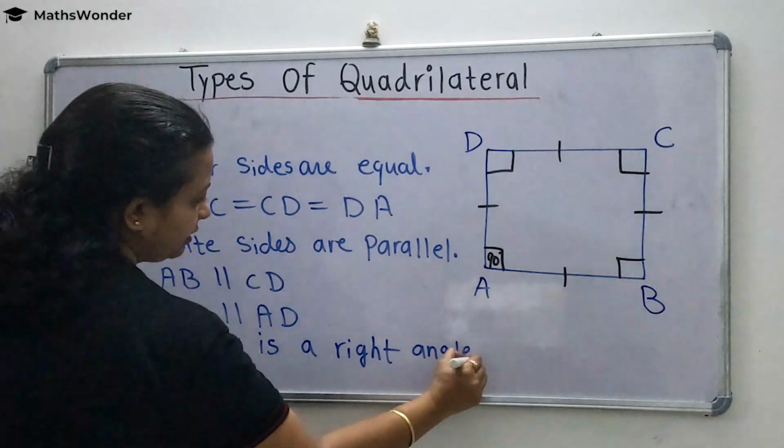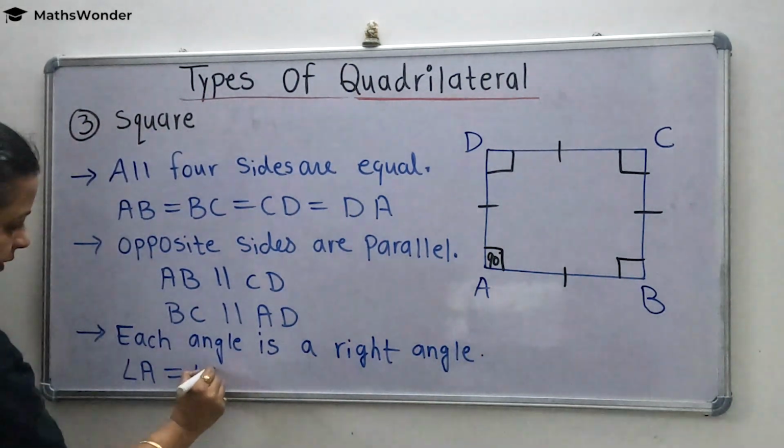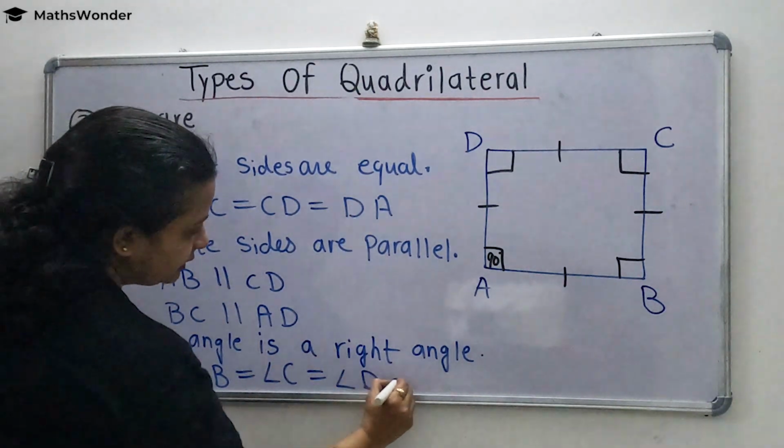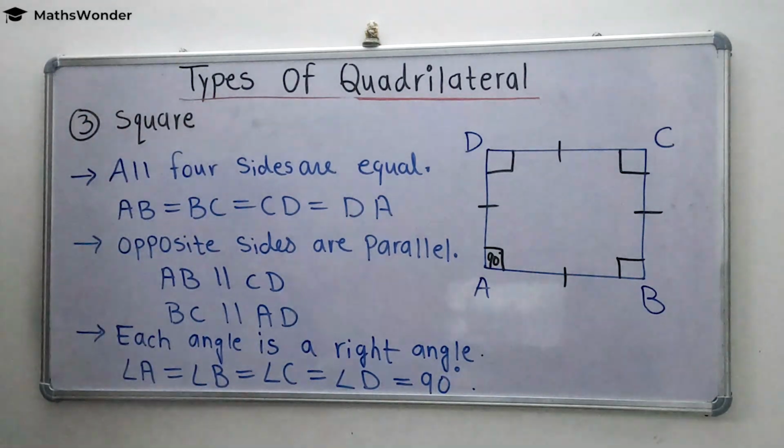Each angle is a right angle. So angle A, angle B, angle C, angle D, all are 90 degrees.